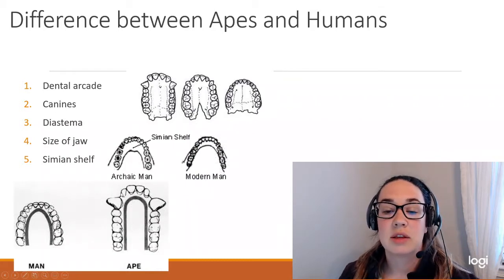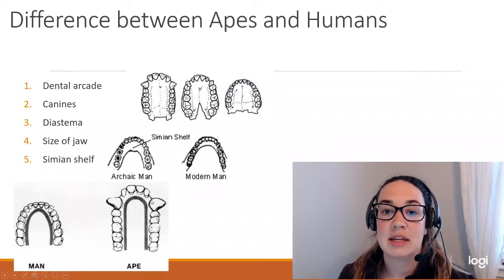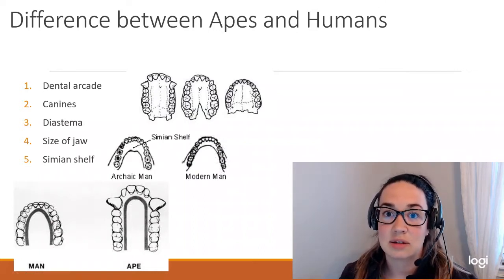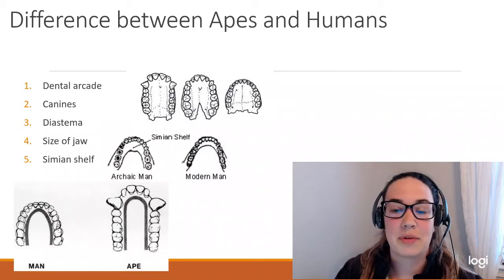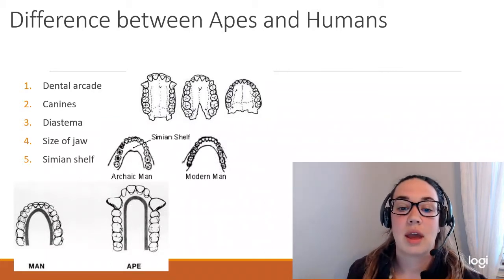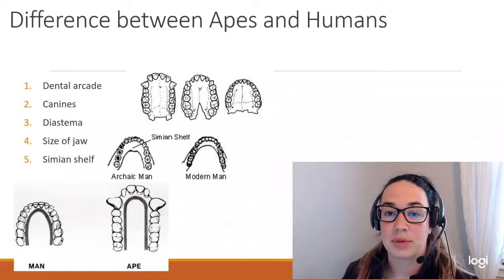In this particular case, the diastema is located in front of the canine teeth, but behind the incisors. So this would be right here, right after these four front teeth that you have, there would be a space right before the canine tooth. And so basically these are spaces in the mouth separating different types of teeth.